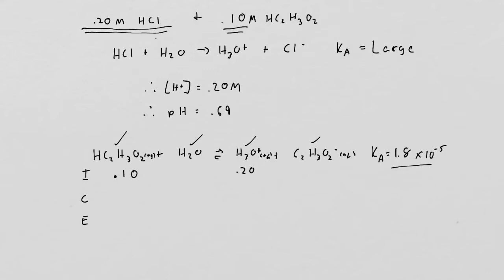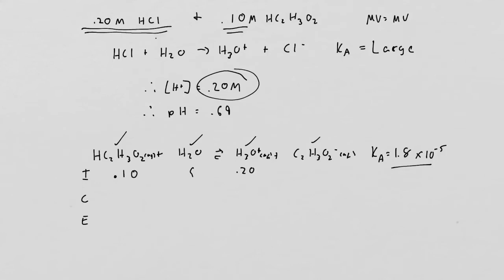We're going to assume that we start off with 0.10 molar vinegar, and we're going to write in the 0.2, and the 0.2 will come right from over here. By the way, these could be additive volume questions. If there was a situation where they gave you volumes, you'd have to do the MV thing first to figure out what the molarities were at the new volumes. Really important point to bring up here.